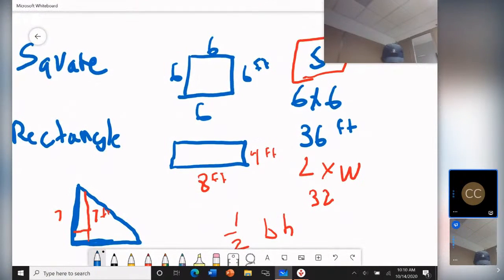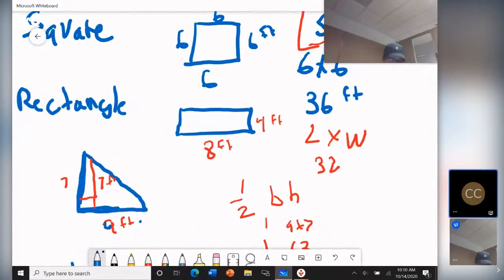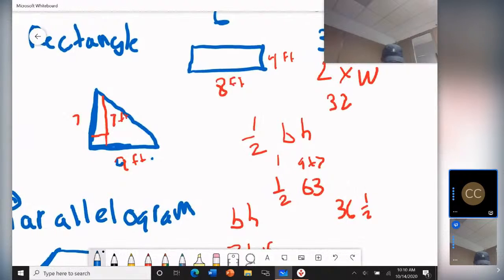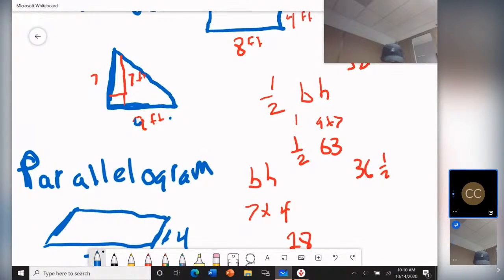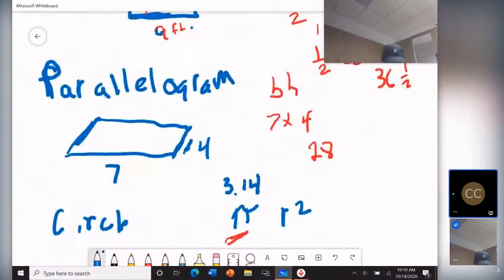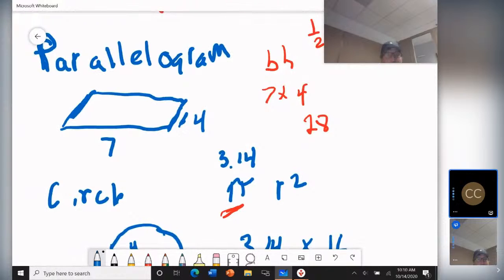Triangle is 1/2 base times height. Remember, the base is always what the triangle sits on, and the height is how tall it is. Then you have the parallelogram. It's just the base times the height. And then for the circle, it's pi r squared. Okay, so those are good. It's a good starting point. I will post some practice for you guys to work on.